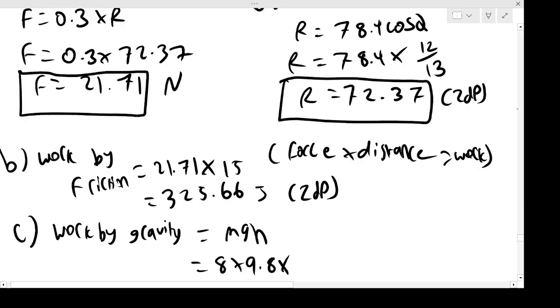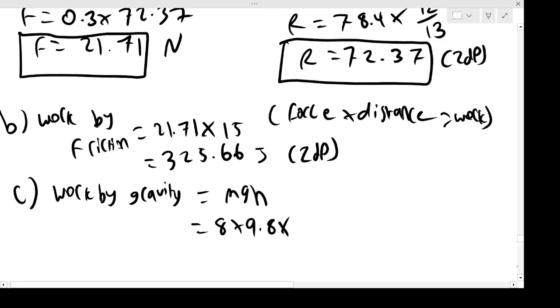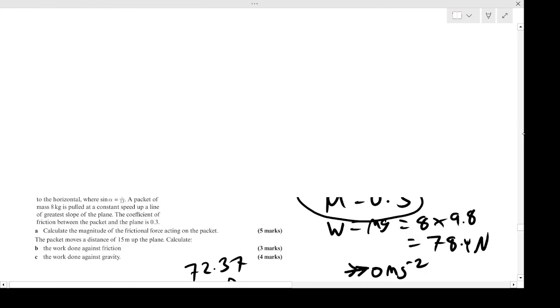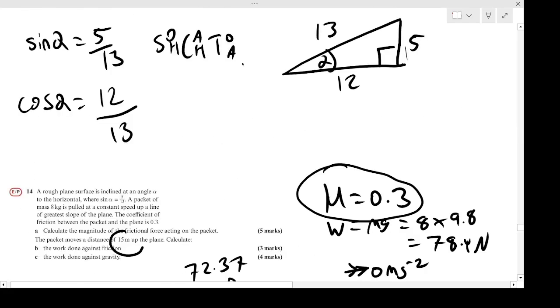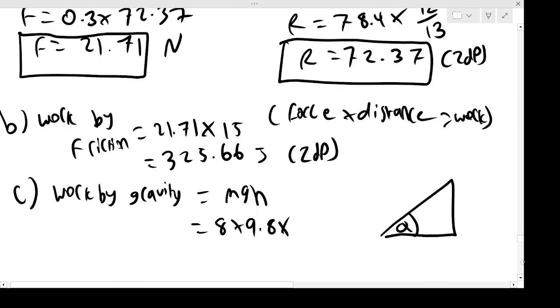Well, if I draw the situation, I've got my angle alpha. I'm told the distance is 15 meters up the plane, so 15 meters along the slope. So my height h is there. By SOHCAHTOA, h is 15 sine alpha.